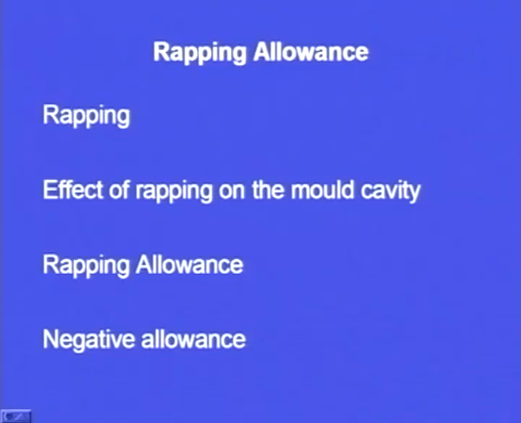For withdrawing the pattern, we have to wrap the pattern. Wrapping means shaking gently. Left side and right side will be shaking. What happens when we wrap the pattern or when we shake the pattern? What is the effect of wrapping on the mold cavity? The mold cavity will become a little bigger.